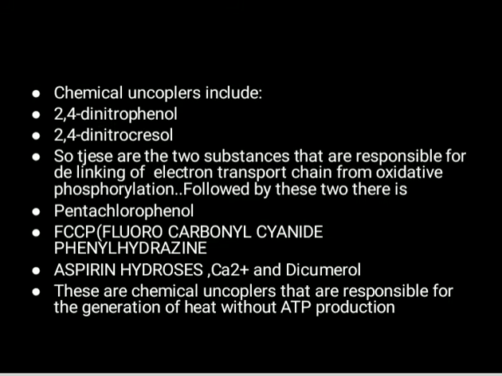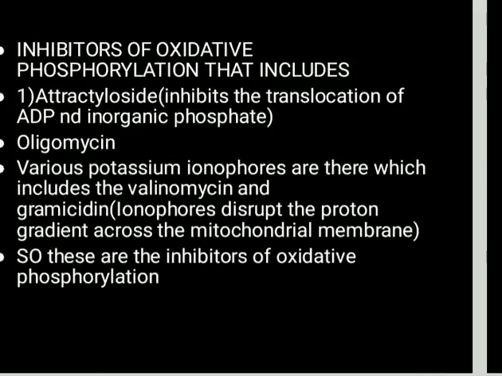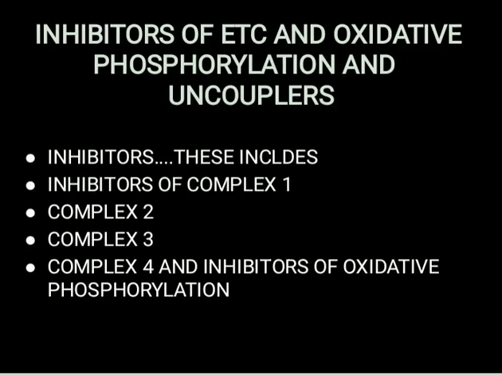When there is no membrane potential, there is no production of ATP, and so these uncouplers are responsible for the production of heat without ATP production. So that was all about the uncouplers and the inhibitors of the electron transport chain and oxidative phosphorylation.